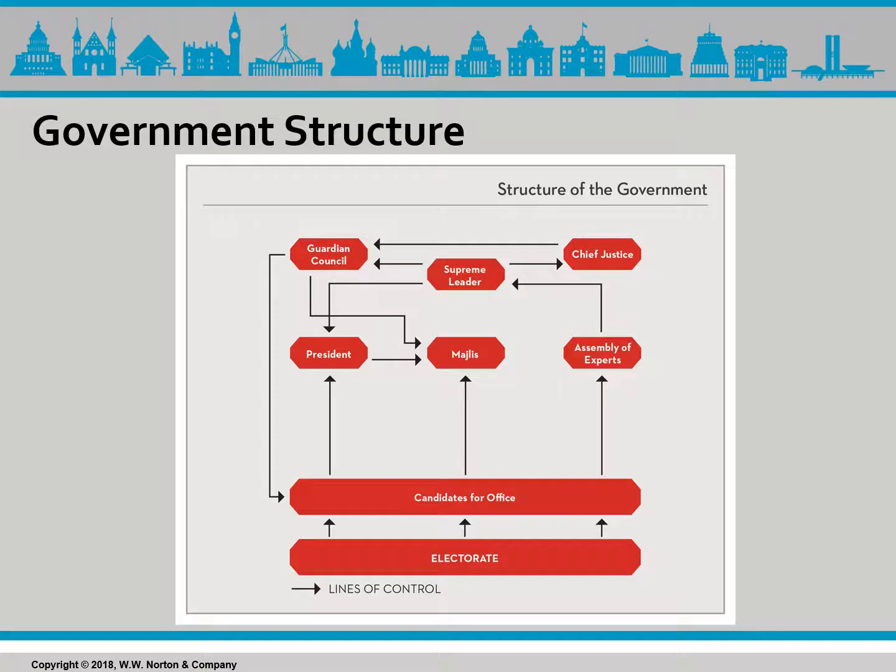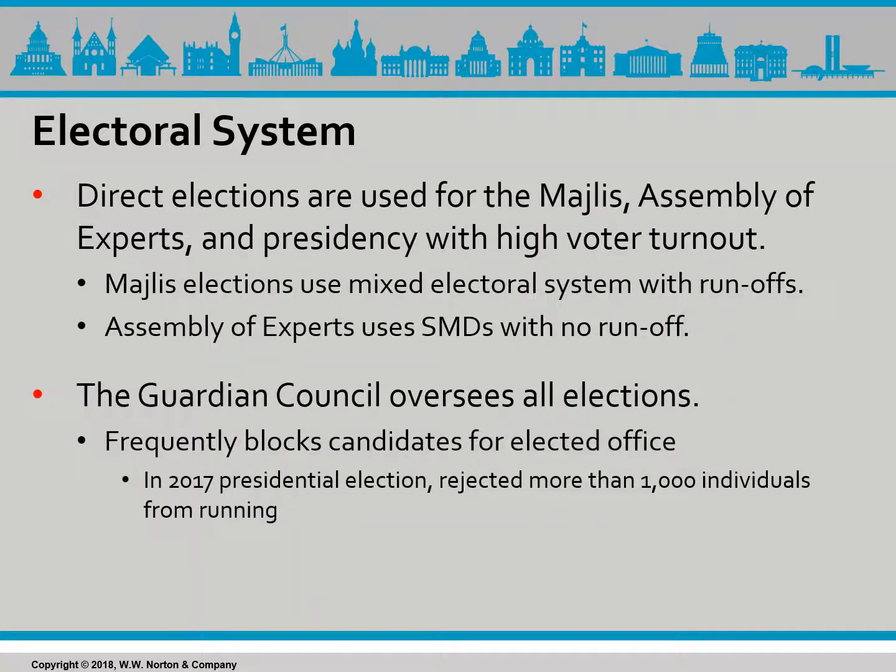Now, the electoral system itself, they use direct elections for the Majlis, the Assembly of Experts, and the presidency with high voter turnout. So they actually believe in political efficacy. The elections for the Majlis are a mixed electoral system with runoffs, and the Assembly of Experts use the single-member districts with no runoff.